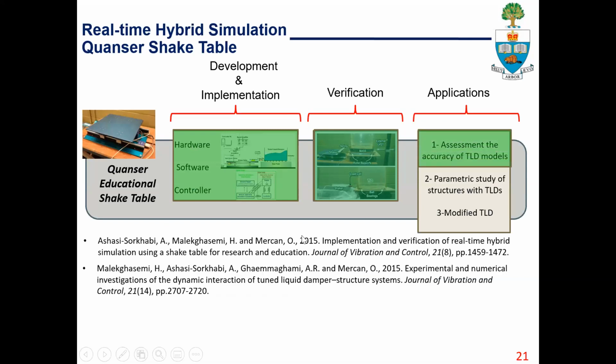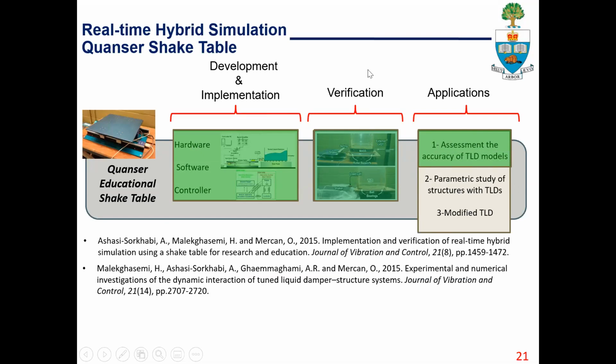Afterwards, we use this small platform to do a detailed analysis for tuned liquid damper structure interaction. Tuned liquid damper, as you might know, is a cost-efficient vibration control device, which is typically a rectangular tank placed on the roof degree of freedom of your structure.